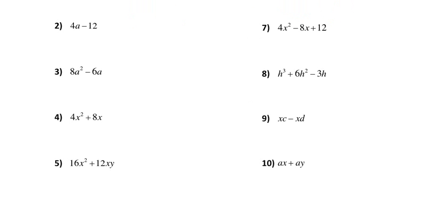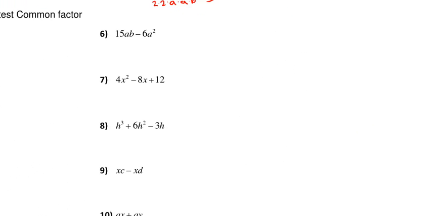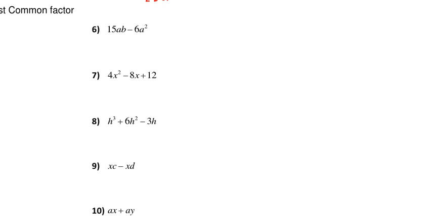So let's start with an example to connect to what we have learned before, or what we should know. The factorization using the greatest common factor is simply the opposite of the multiplication using the distributive property.